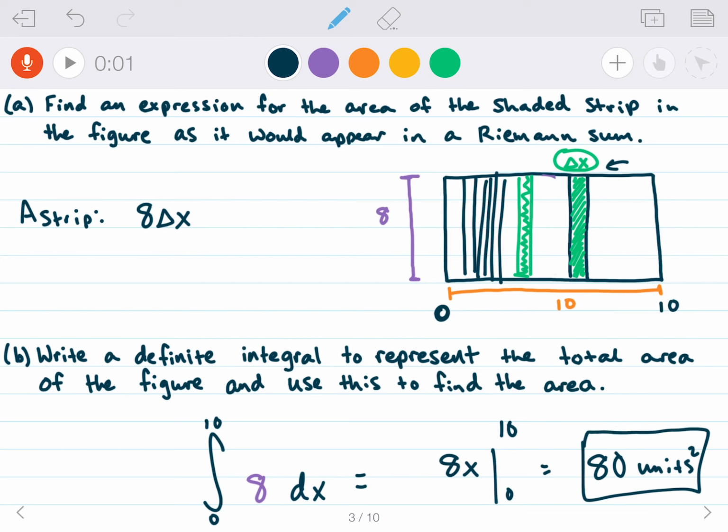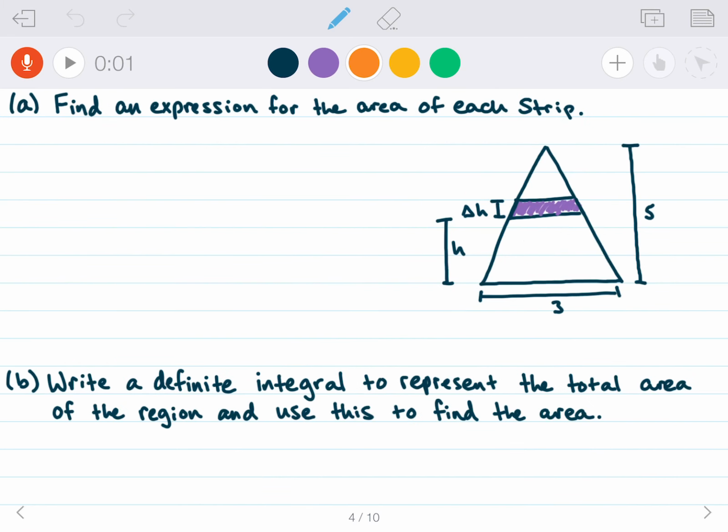And how could we confirm this with a geometry formula? Well, the area of a rectangle is just length times width. The length here is 10. The width is 8. 10 times 8 is 80. So that is how we do that problem.